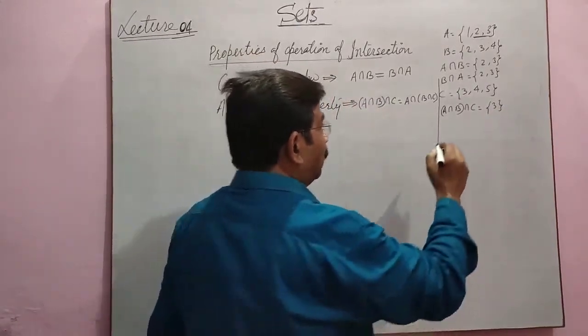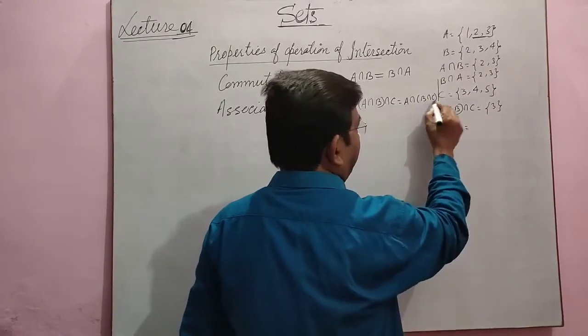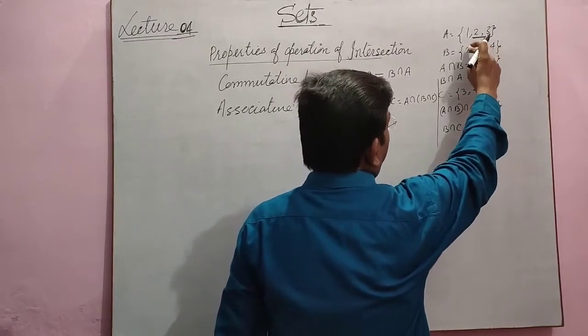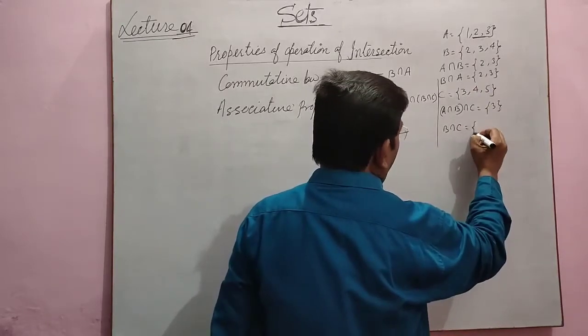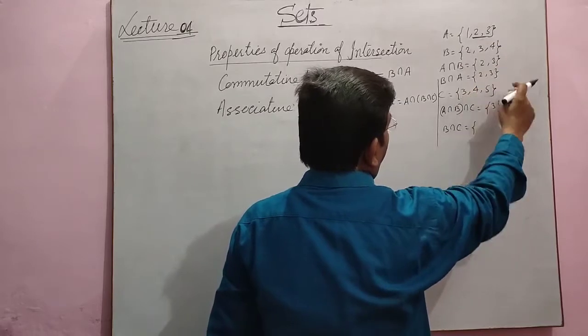Now let's see. First find B intersection C. B has 2, 3, 4 and C has 3, 4, 5.